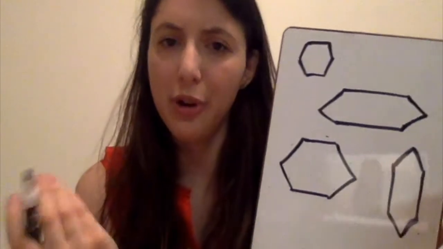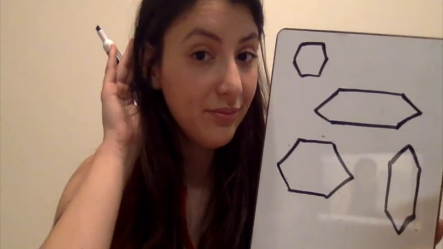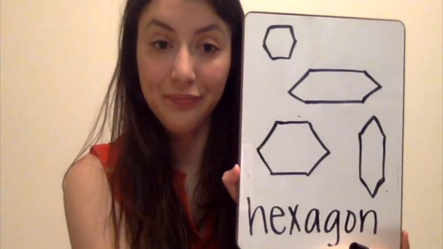So we have 6 sides on this shape. What's a 6-sided shape called? It's called a... That's right, it's called a hexagon. So I'm going to write down hexagon. Here's our word hexagon.